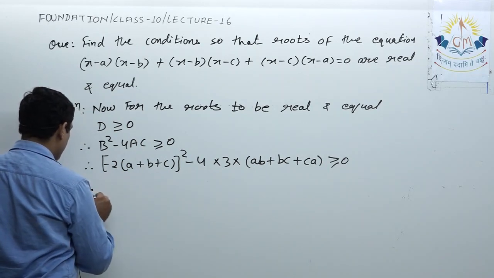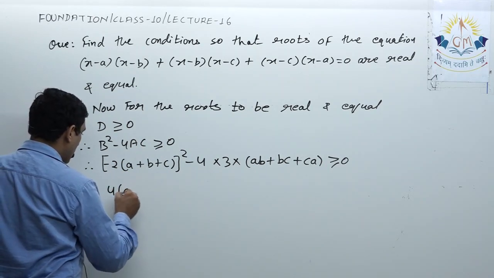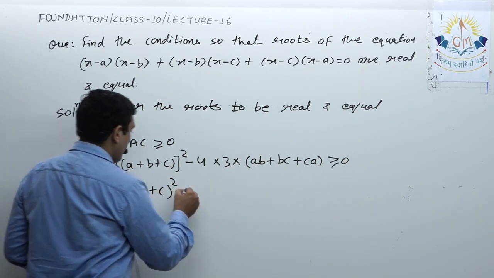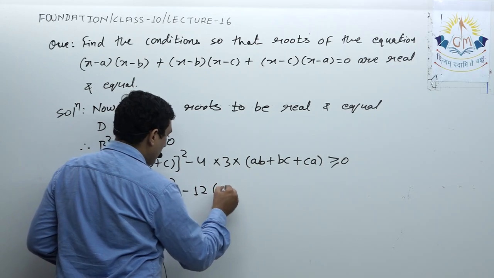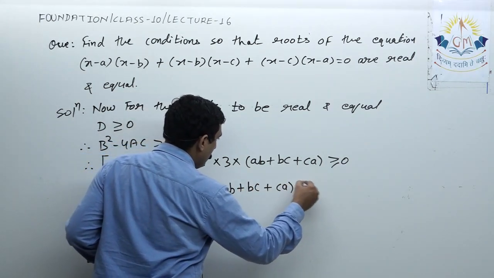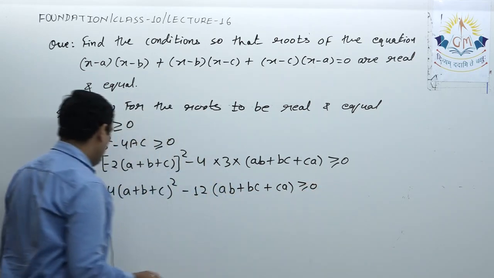Okay, therefore 4(a plus b plus c) square minus 12(ab plus bc plus ca) greater than or equal to 0.